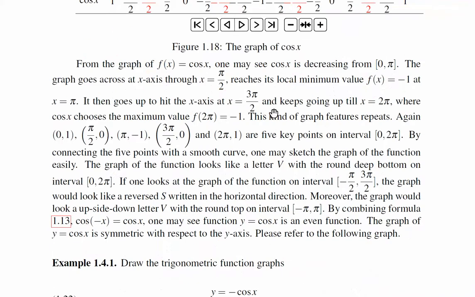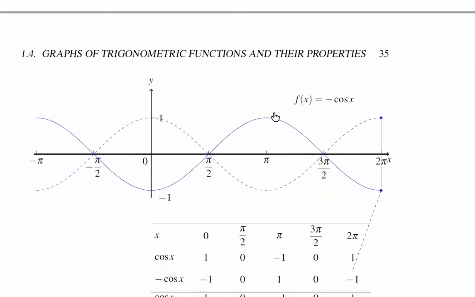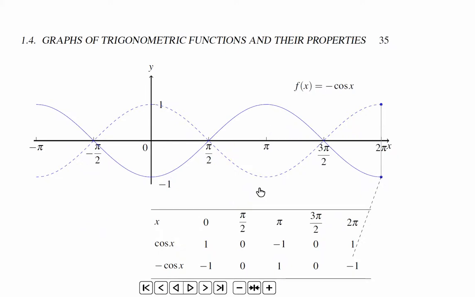So basically, it's this dotted picture right here. Starting from 1, then it goes down and up, like a V shape. But on the left-hand side, it's like this. So this is cosine x.